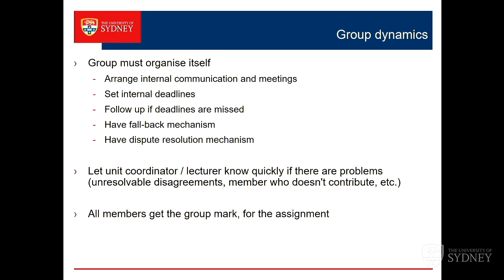It's too late then. What I need is an email much earlier, which means that in your group organisation, you need to set things up so you set deadlines for one another and watch if those deadlines are missed and do something about it.